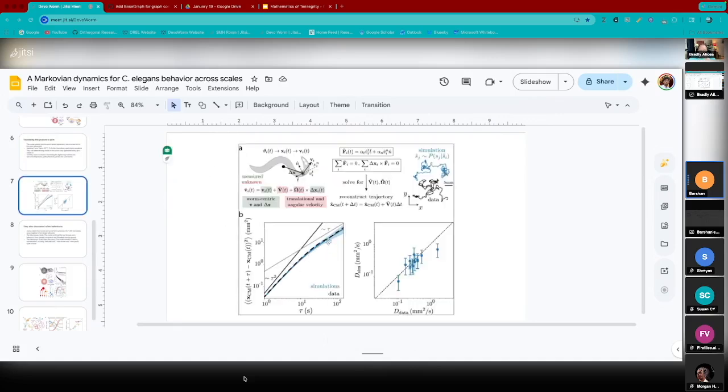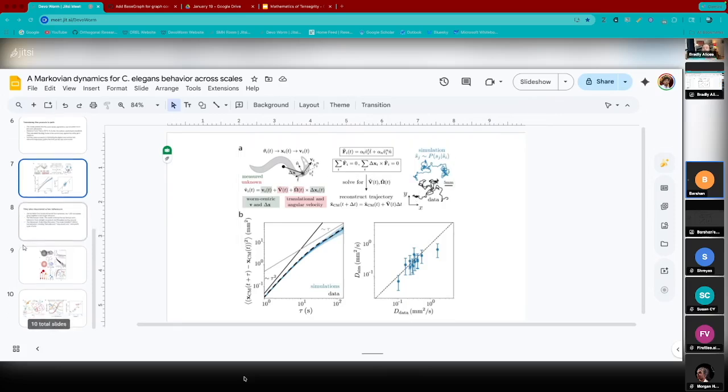So these are the results, where the blue line is the simulation of the worm, and the black line is the actual data of the worm, and they were pretty close. And these are some physics equations which they integrated into the model further.